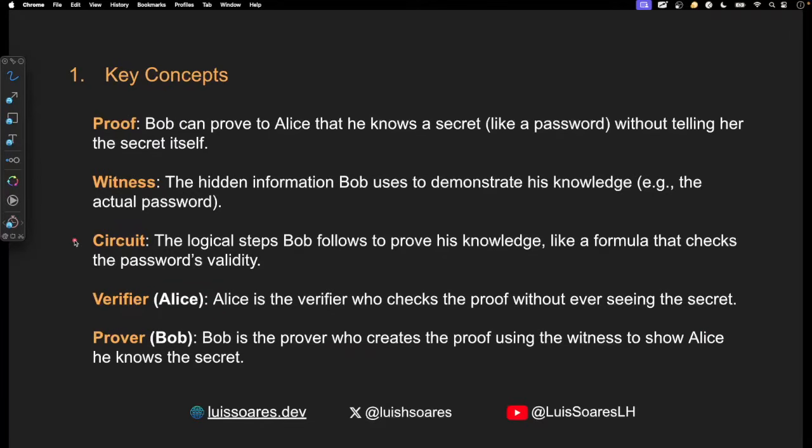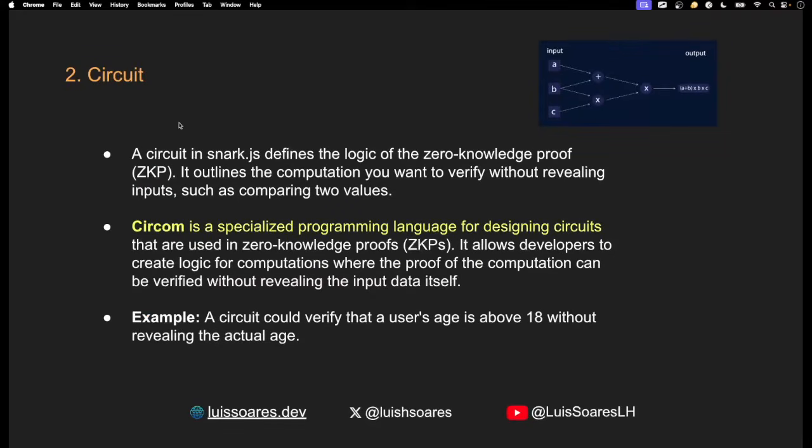So these are the key concepts, and jumping into a bit more detail about how those pieces come together into ZK knowledge with snark.js and Circom. As I said before, there is the component of a circuit, which is essentially the logical steps to produce a proof.